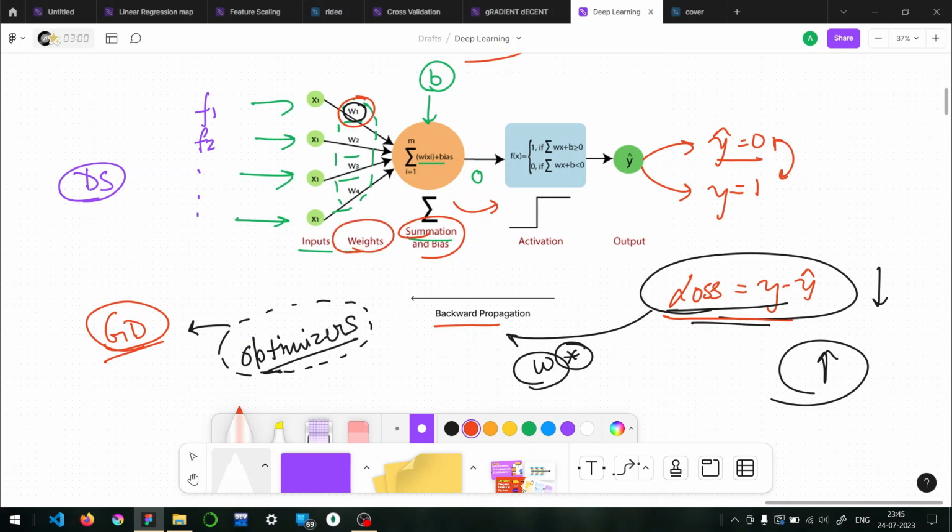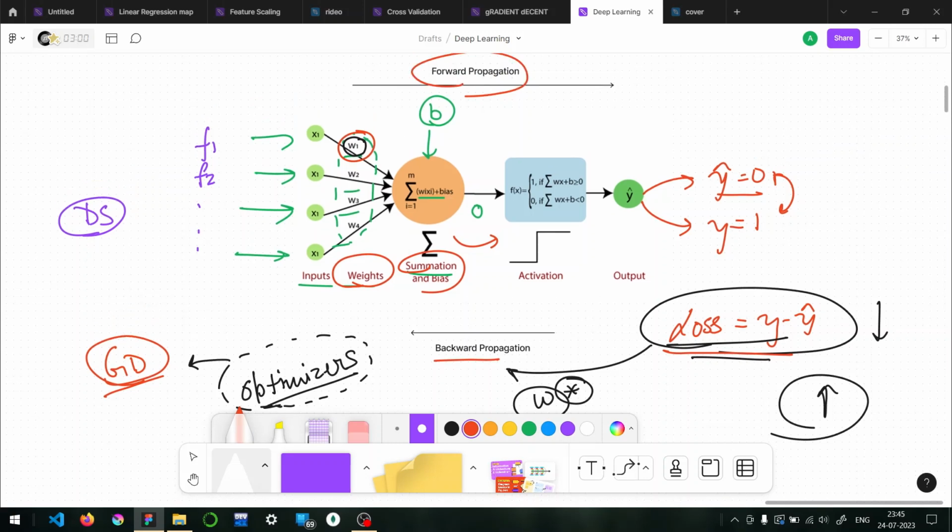Okay, so that's called the back propagation, and after that, the cycle goes on, and we propagate forward, right? So eventually, we are going to reduce this loss function, and we are going to get high accuracy of our model, and we are going to get the desired results from our perceptron model.